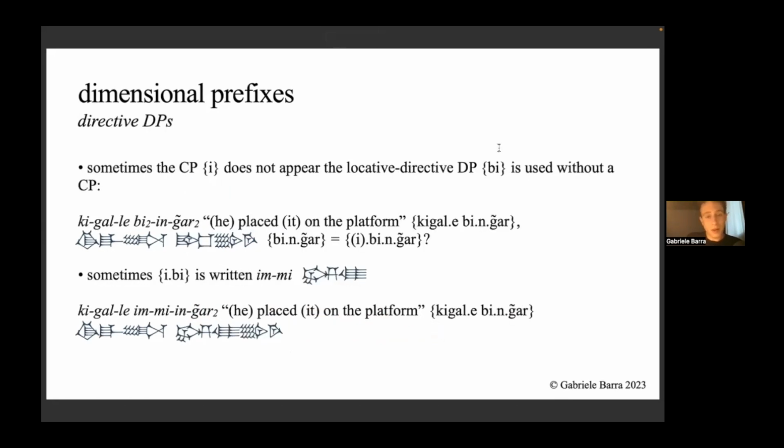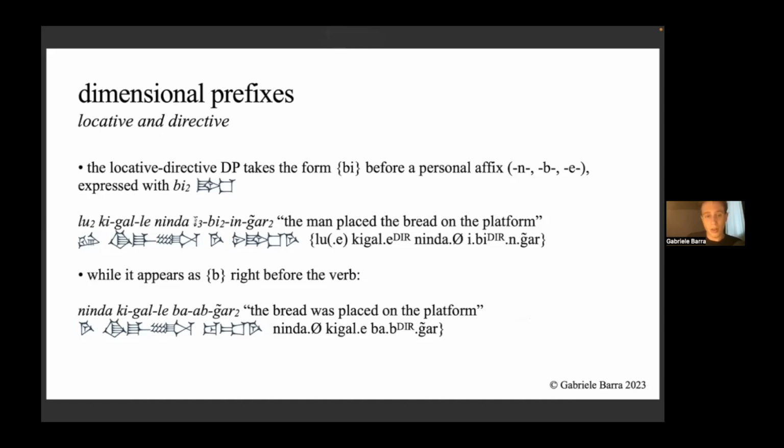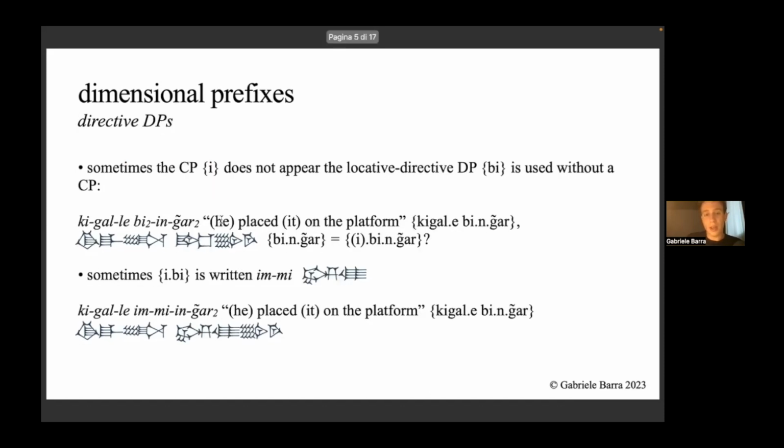And as Laura just mentioned, sometimes when you have e, so the conjugation prefix here before bi, it disappears. So you only have bi. Now, there are different theories. Some argue that bi acts as a conjugation prefix of its own. Some say it's not there.